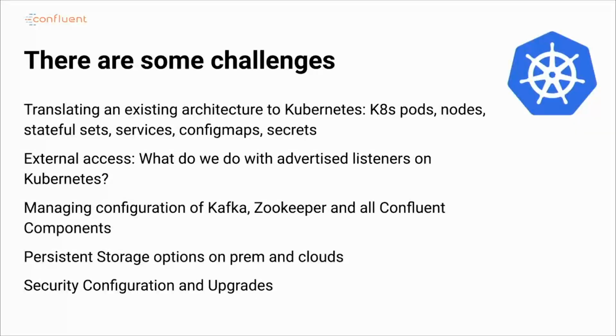So now, going back to challenges. We know we're going to run Kubernetes and deploy Confluent Platform on it. What are the challenges on Kubernetes? The big one is that when you want to deploy complex applications like Kafka, you have to compose a lot of Kubernetes abstractions or core resources: pods, nodes, stateful sets, services, config maps, and secrets.